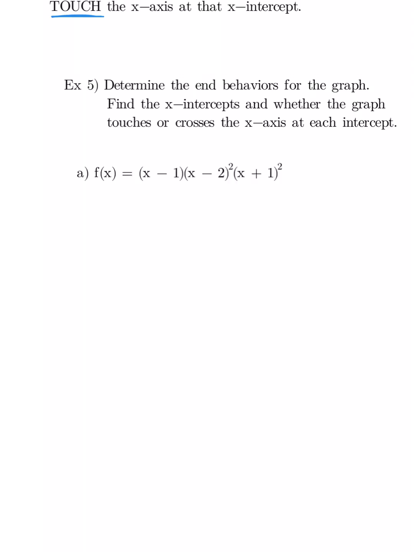For our first example, we have f of x equals the quantity of x minus 1 times the quantity of x minus 2 being squared times the quantity of x plus 1 being squared. So remember that that first quantity has a power of 1 on it. If you add all of those powers that you see, our degree would be 5.